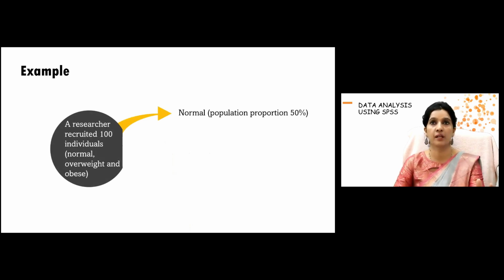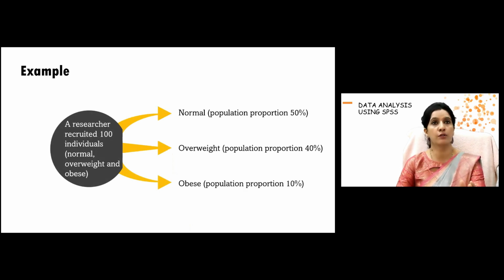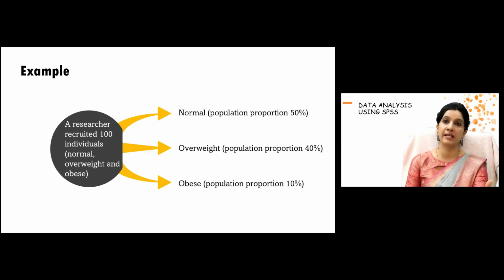In the population, the normal proportion is 50%, overweight is 40%, and obese is 10%, and he wants to see whether the 100 individuals he has recruited have the same proportion of normal, overweight and obese as the population proportion of 50, 40 and 10. I think a similar exercise is there in the demo sheet also, which we will see. So this is the chi-square goodness of fit test.